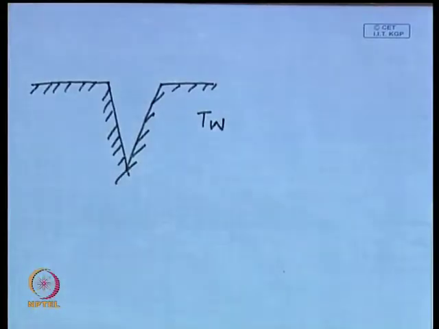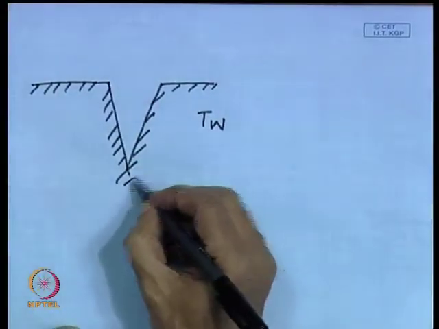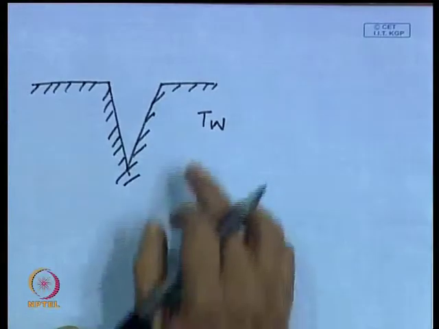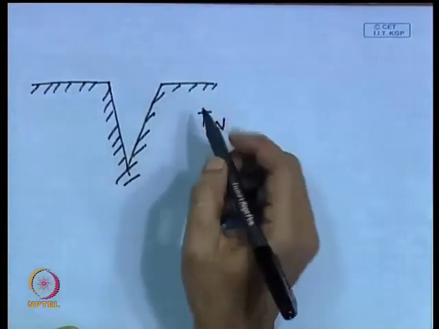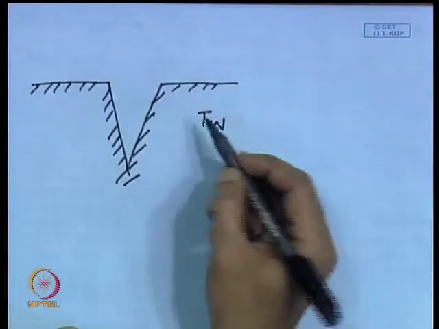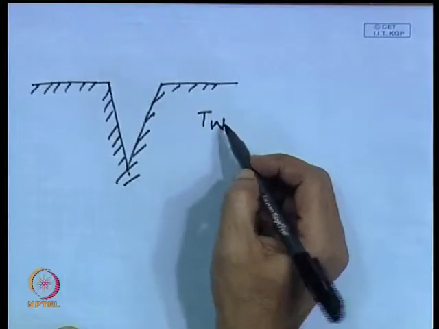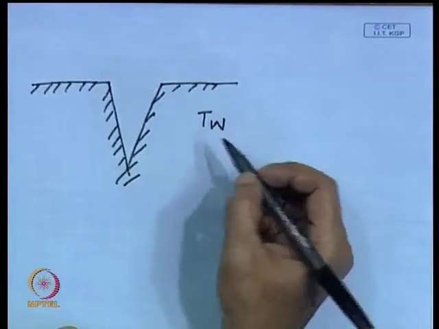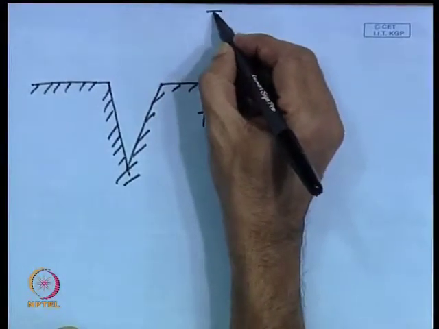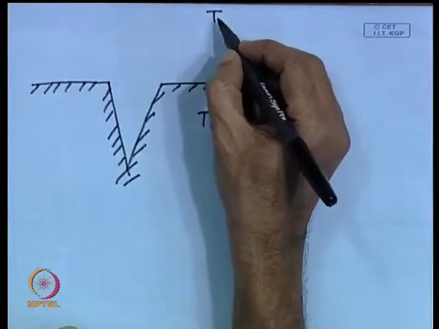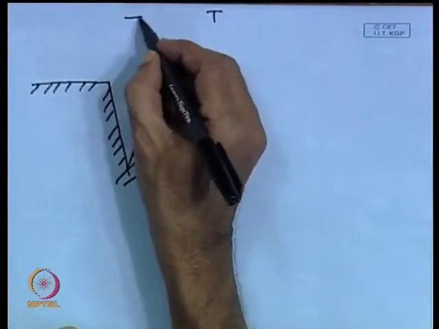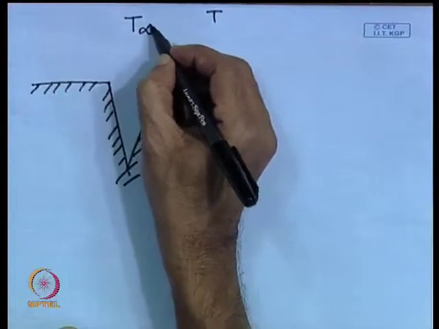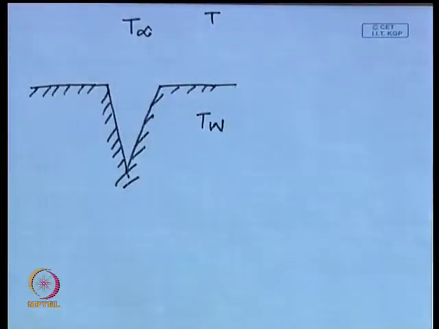This hole, though I have shown it in an exaggerated manner, is very small, and it is embedded in the solid surface itself, whose temperature is T wall, and somewhere away from the wall we have the temperature of the fluid, equal to T infinity.